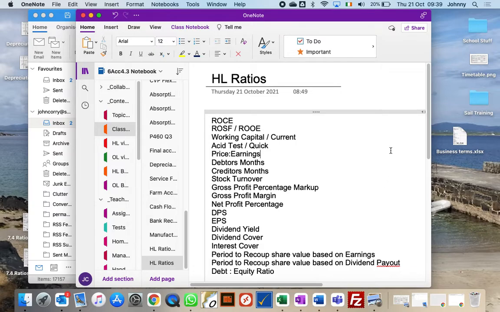Remember we looked at this before where we said, if the earnings per share, how much profit has been earned from every share invested in the business, is 5 cents for every share, you might expect a share price of maybe 50 cents, 60 cents.